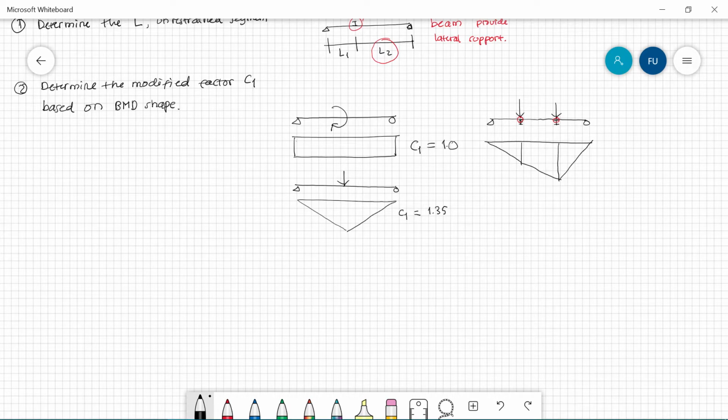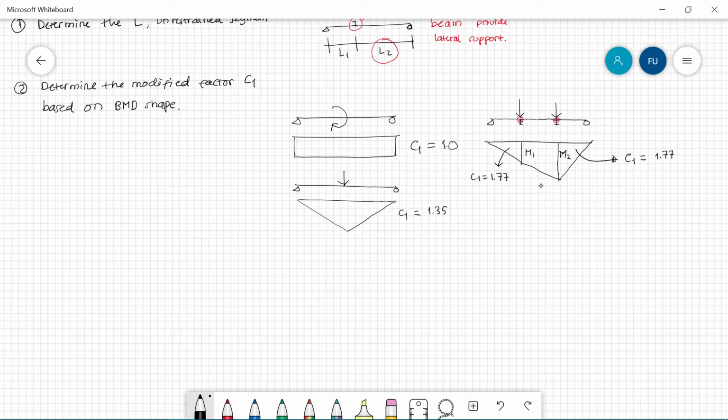Zero at the end support, and then this one's M1 and M2. So for the triangle shape here, C1 is equal to 1.77. Same goes to this one, C1 is equal to 1.77.